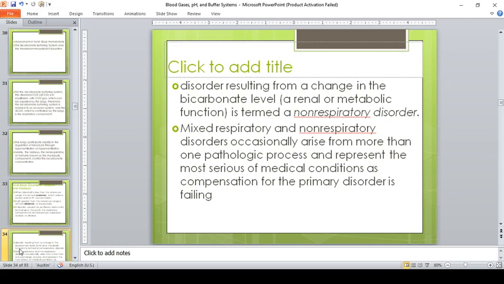Kapag lungs ang may problema, ang compensatory mechanism niya is through the kidneys. Baliktad, kapag si kidneys ang may problema, in metabolic acidosis or alkalosis, also known as non-respiratory acidosis or alkalosis, ang compensation mechanism is the lungs.